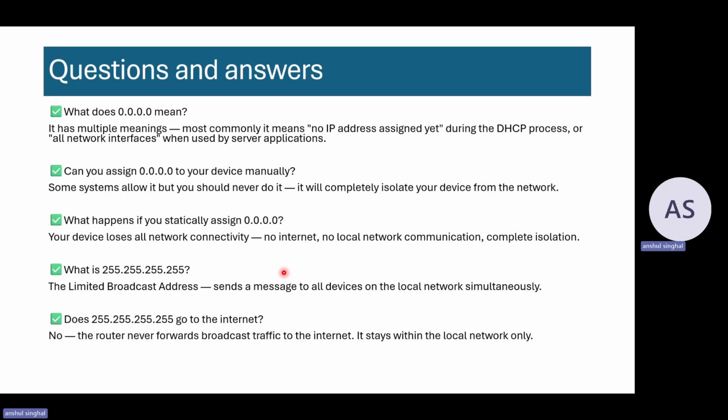Is there a DHCP server and things like that? So during that conversation to get a dynamic IP address, it initially sets its IP address to 0.0.0.0, which means that it doesn't have an IP address yet. So it depends on which context we are talking about for the meaning of 0.0.0.0. In this IP address allocation, it means no IP address assigned yet. But in some other context, a server might use this IP address to say, I am accepting traffic from all the network interfaces.